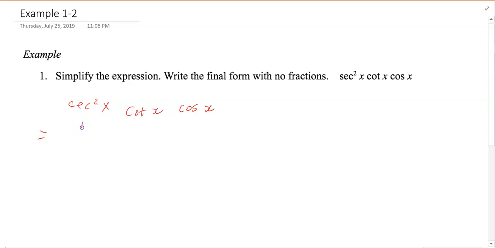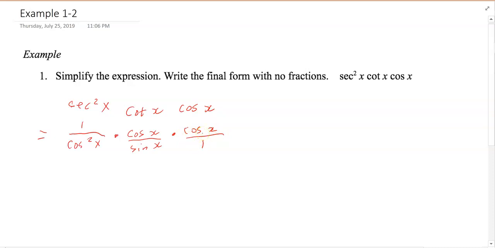So secant squared x becomes 1 over cosine squared x. Cotan, we know from our identities, was cosine over sine, so it's going to be cosine x over sine of x. And cosine x is just cosine x, we're going to write that as cosine of x over 1.